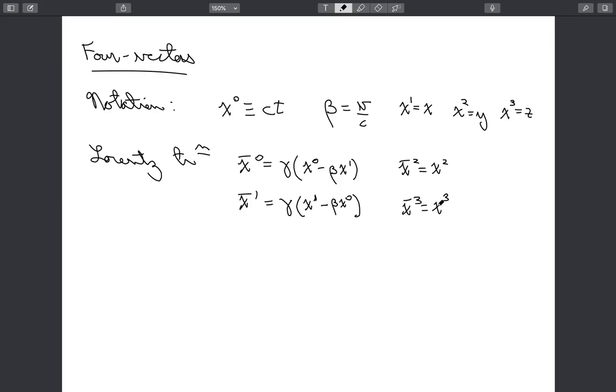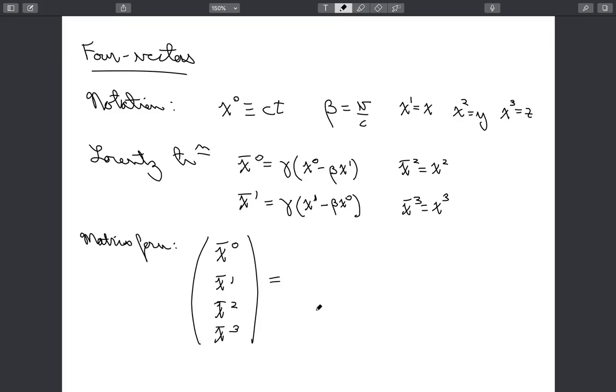Now the nice thing is that we can express this in matrix form. So I'm going to arrange the barred coordinates into a vector. And now I'm going to arrange the original coordinates in a similar looking vector.